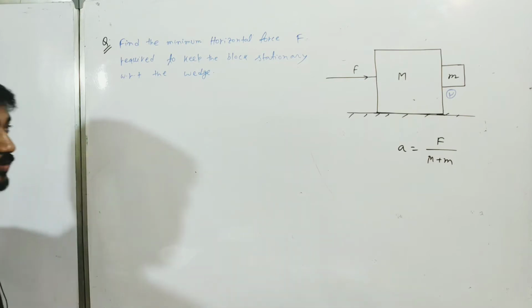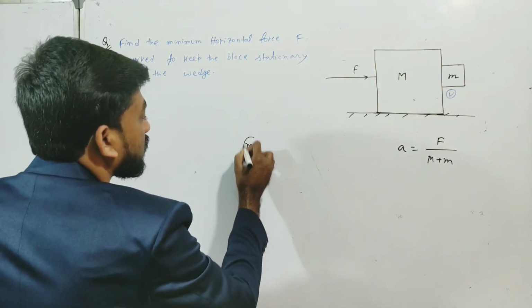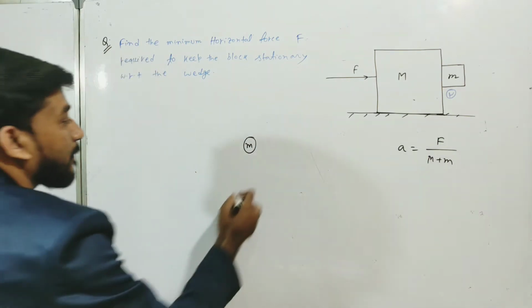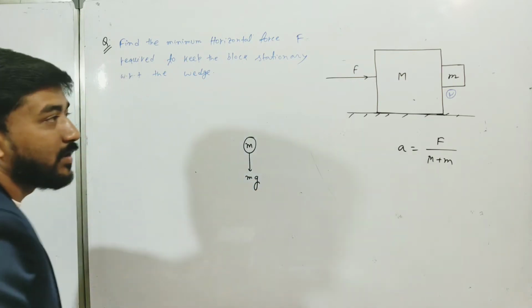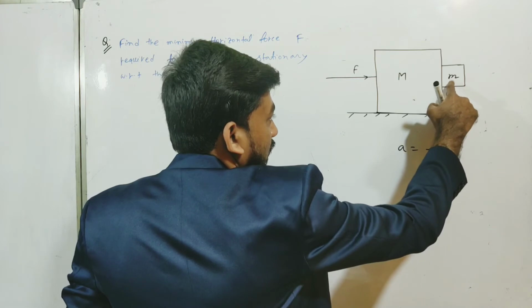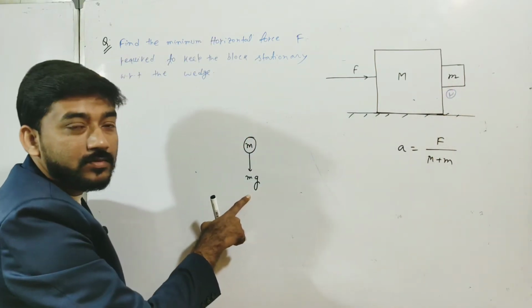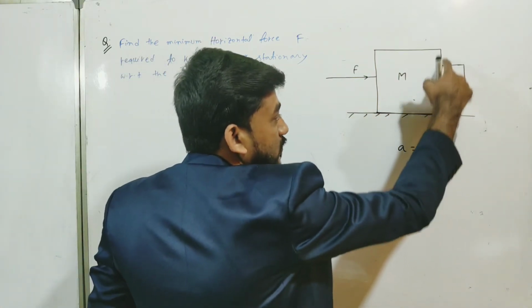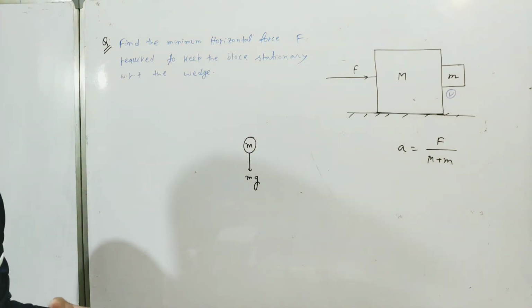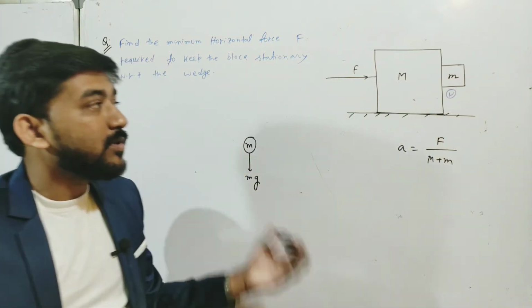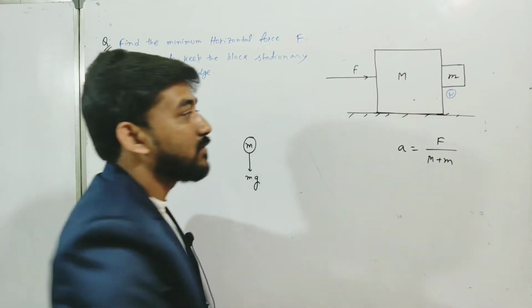Now if we draw the free body diagram of small m, what are the forces acting on it? One force is mg along the downward direction, and due to this force the block wants to slide downwards. So there is relative motion of the block with respect to the wedge along the downward direction.